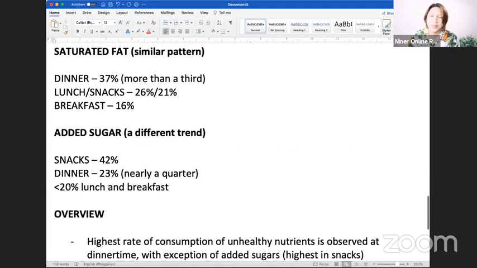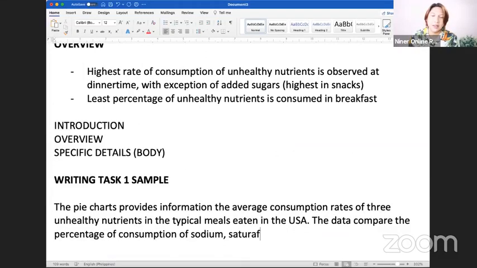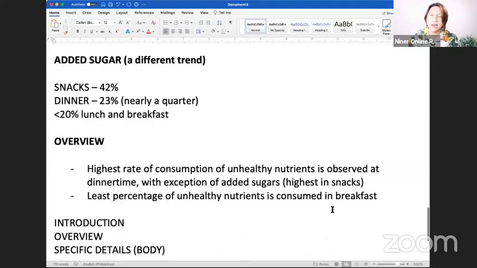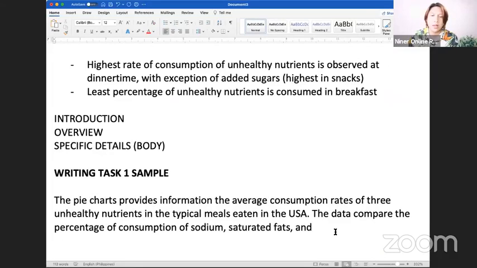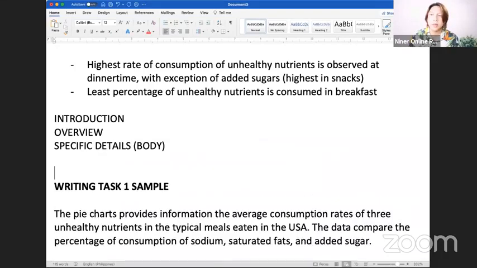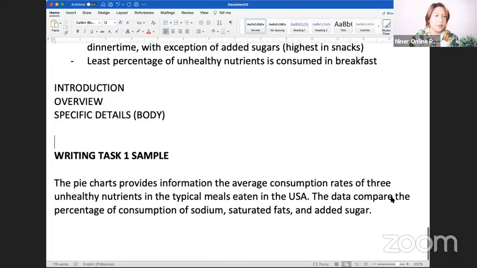Sodium, saturated fats, and what's the other one? Added sugar. Oh, guys, did you take note of the time I started? Please, anyone, please post the time I started, because I want to know how many minutes I'm spending already.